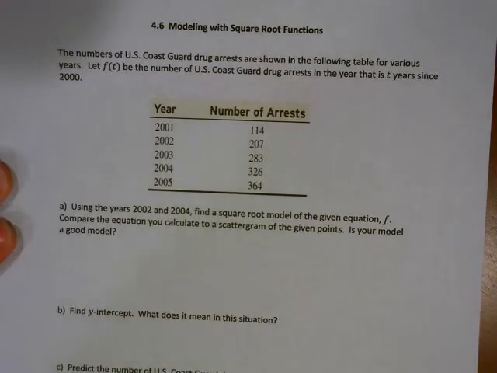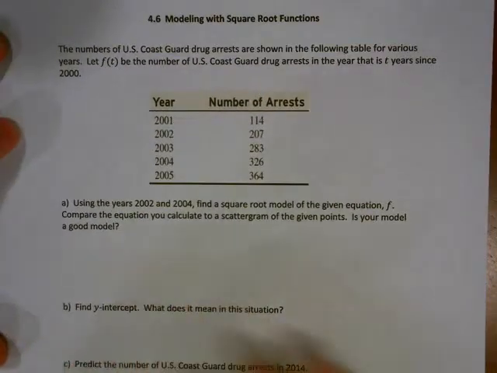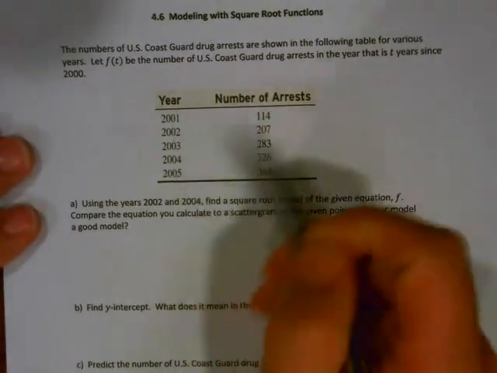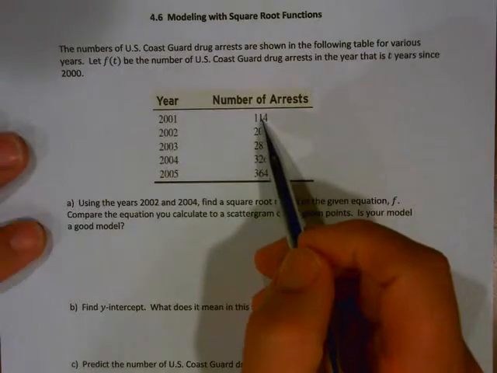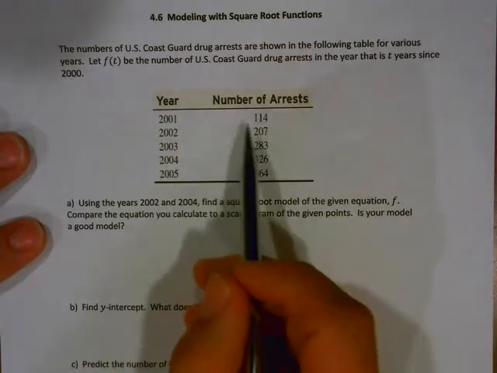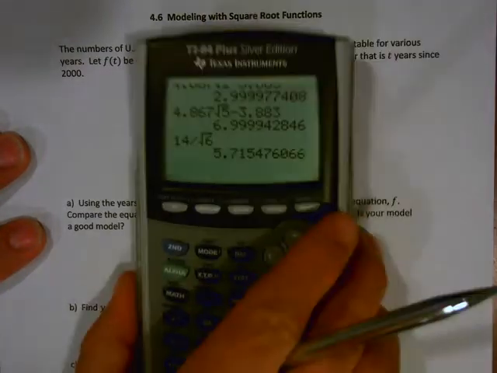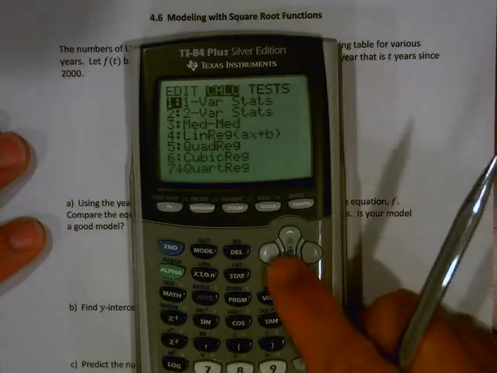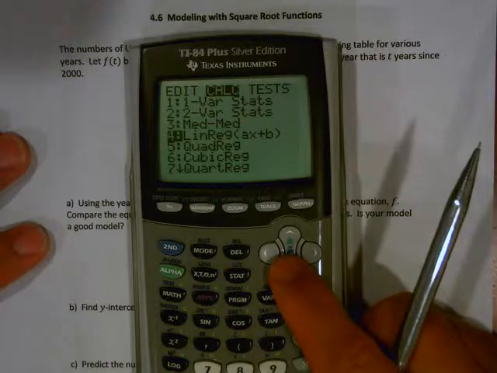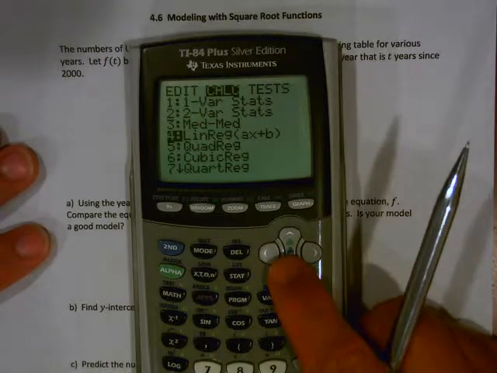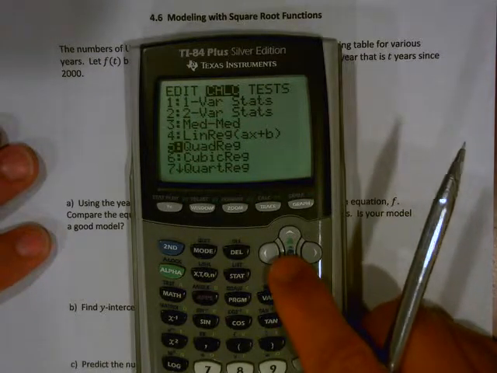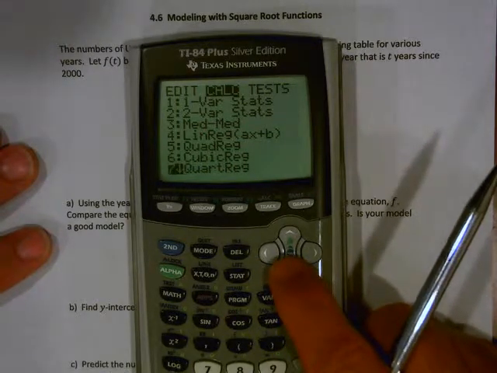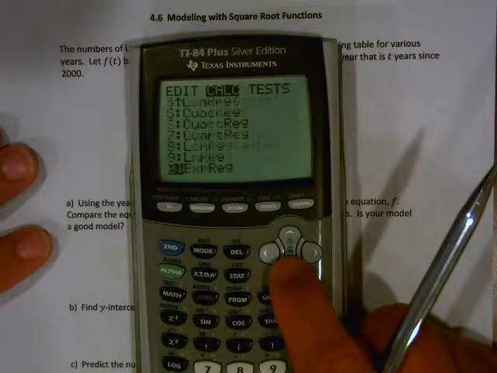So here we're given some data. Here is the year, the number of arrests. When we use our calculator for all those points, if we go stat calc, you're going to see down here a linear regression, a quadratic if our data looks like a parabola, a cubic, or quartic, which is 4th degree, a cubic was 3rd degree.